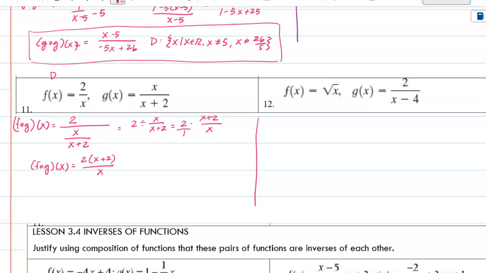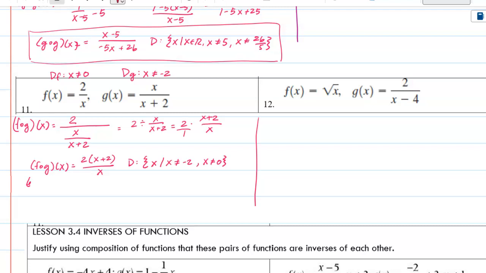Okay, the restriction of f was that it cannot be 0. For the domain of g, x could not be negative 2. So the input function restricted x cannot be negative 2, but the composition of function also restricts 0.